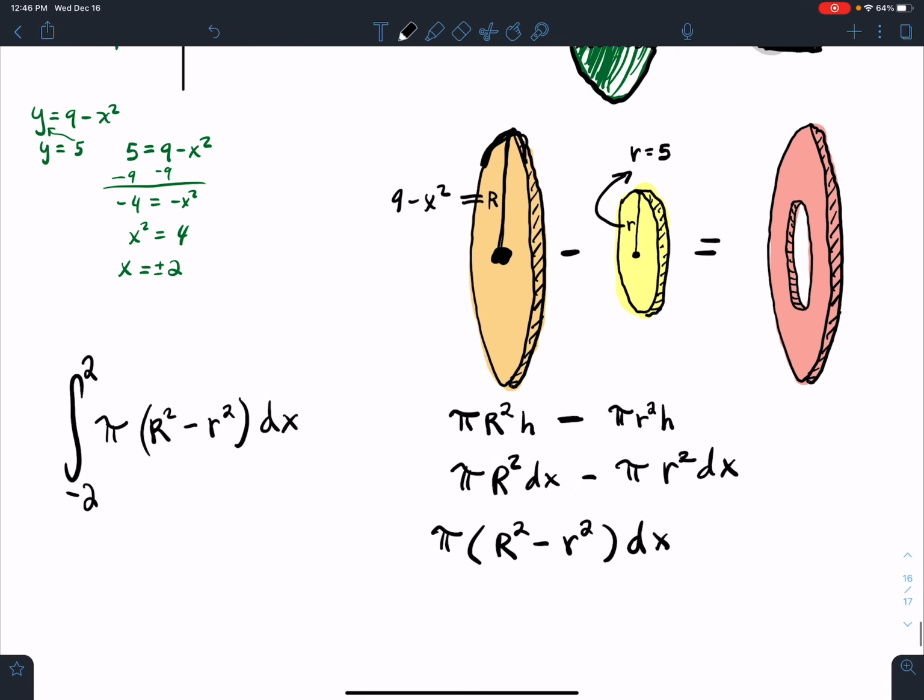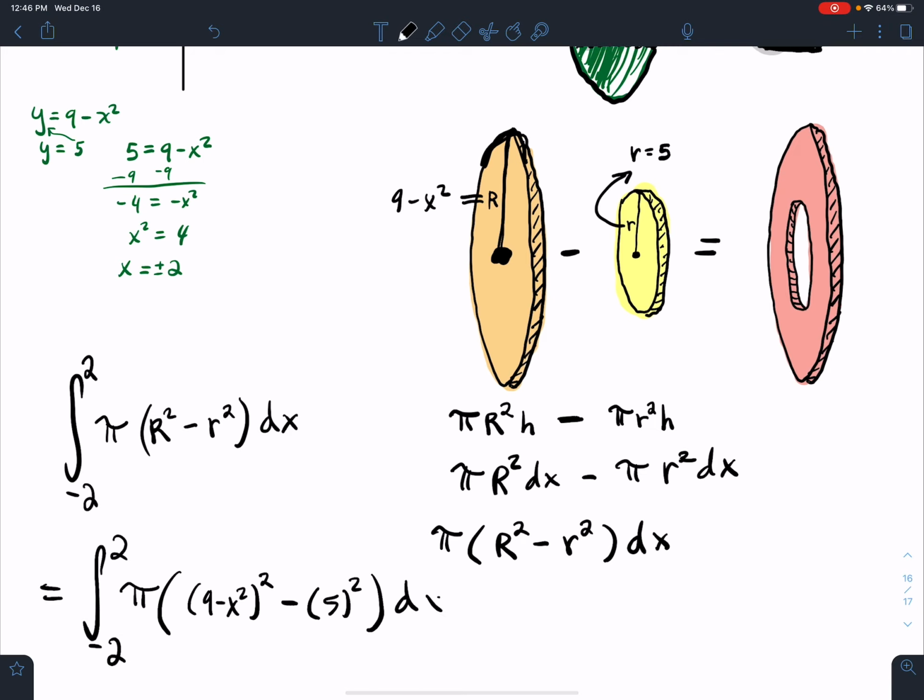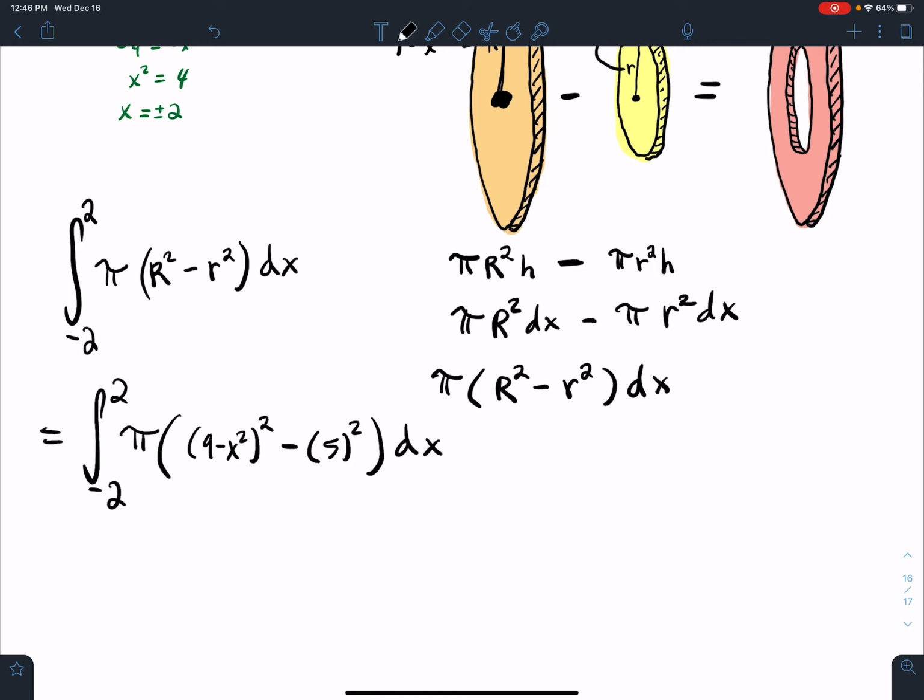So now we're going to take that information and plug it in. I go from -2 to 2 of pi, and then what do I have? I have 9 minus x squared, squared, minus little r, which is 5 squared. Now all it amounts to is simplifying. I'm going to pull that constant pi out.